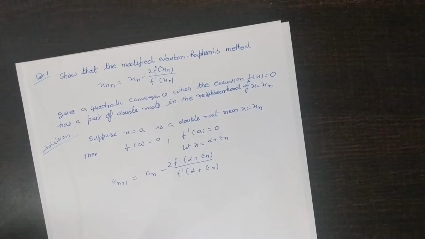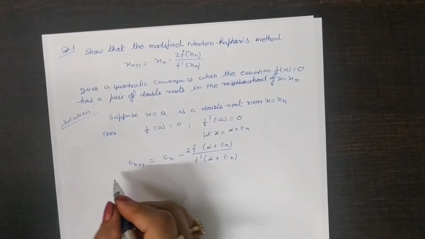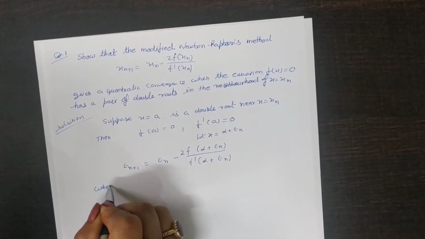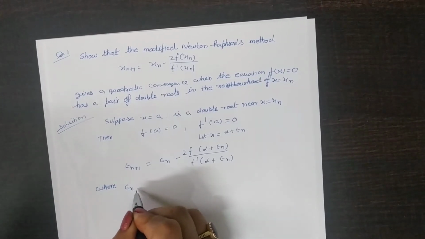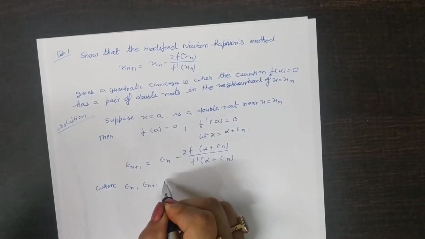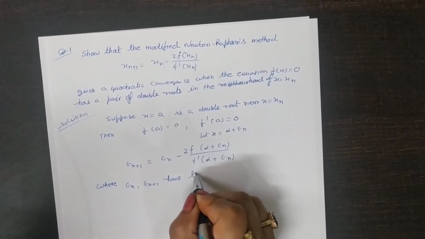Okay, now epsilon(n) and epsilon(n+1) have their usual meaning.